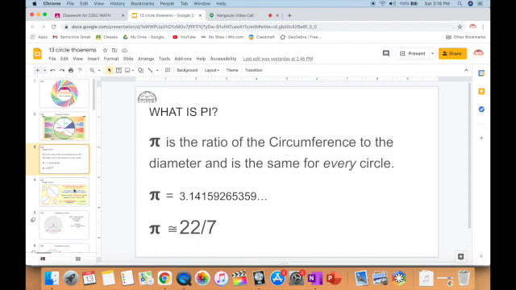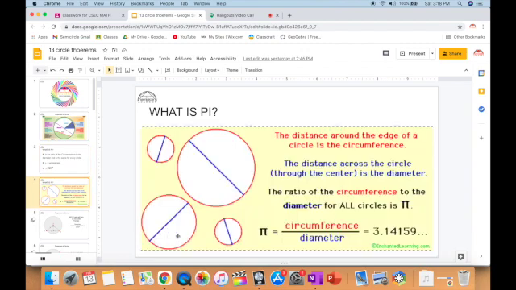What we did was we realized that no matter how big or small a circle is, if I was to take the circumference of a circle and divide it by the diameter, I would get pi, which is approximated to 3.14.